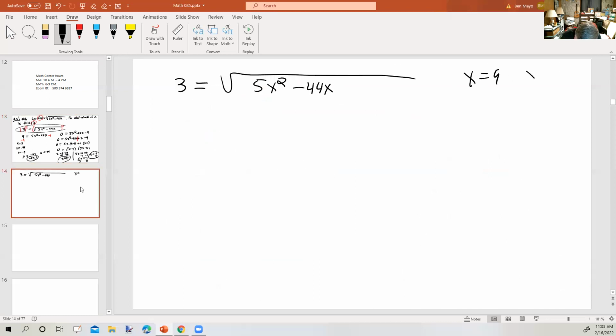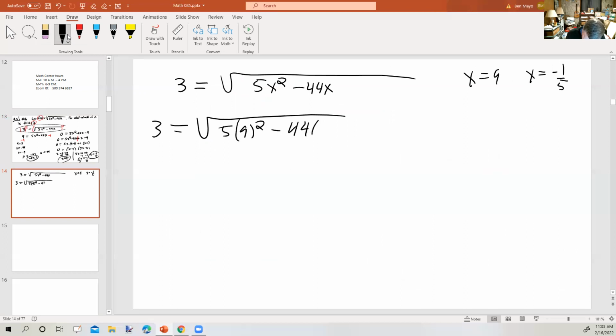X equals 9, x equals negative 1/5. So let's try them and see if they work. All right, if x is 9, we would get this. Whoops, not quite. 5 times 9 squared minus 44 times 9. Let's see.